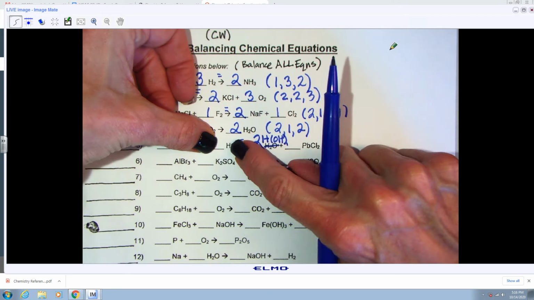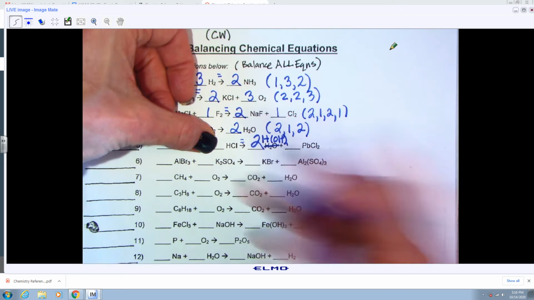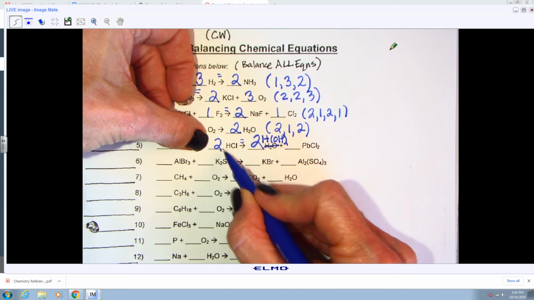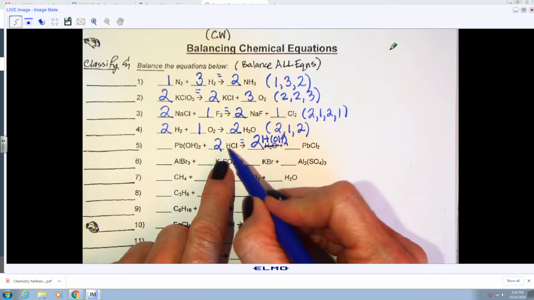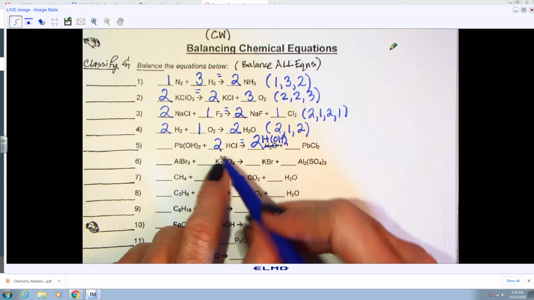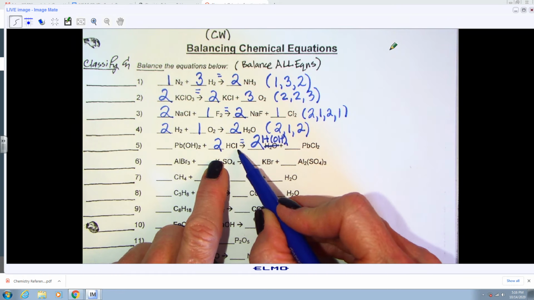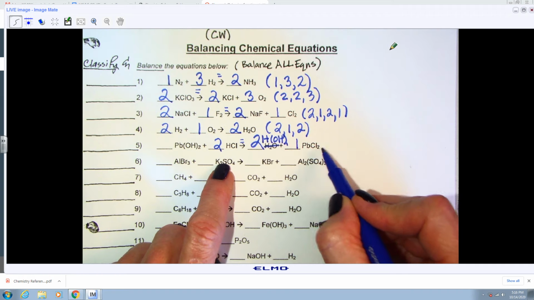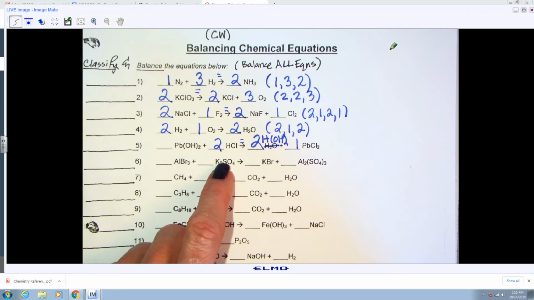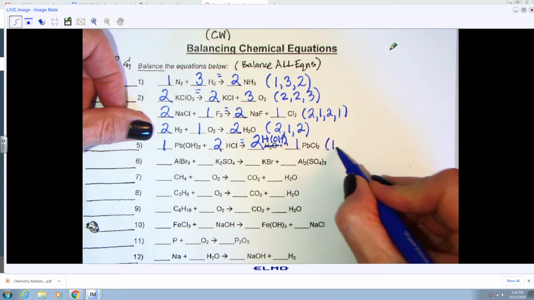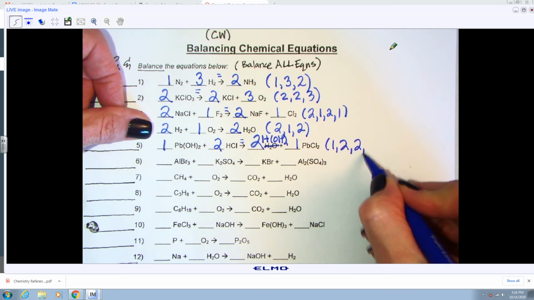So look, I have only 1 front hydrogen here. So if I put a coefficient of 2 here, that gives me 2 front hydrogens here. So I have 2 hydrogens and 2 hydrogens. Now let's look at our chlorines. 2 times 1 is 2 chlorines, and this is a 1 times 2 is 2 chlorines. So the equation is now balanced with a 1, 2, 2, 1.